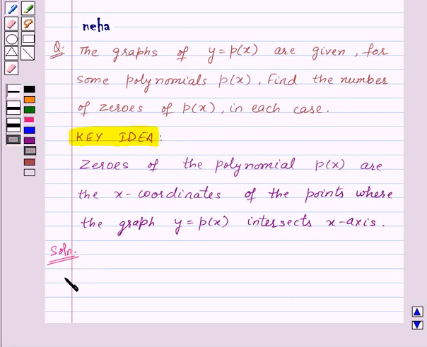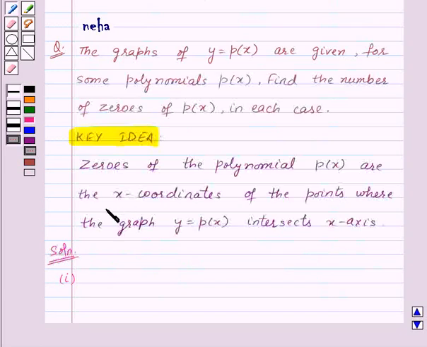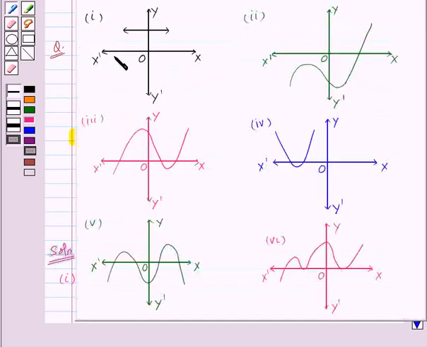Let's proceed with the graph given in the first part. Here is the graph of a line which intersects y-axis but it does not intersect the x-axis, and according to the key idea, zeros of the polynomial are the x coordinates of the points where the graph intersects x-axis. But in the first part, the graph does not intersect x-axis.